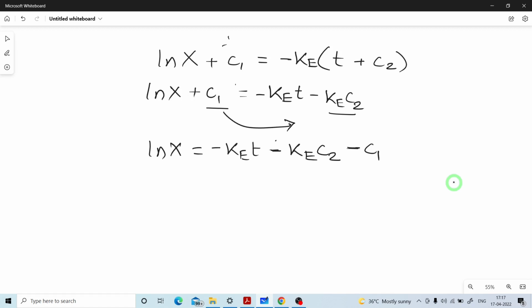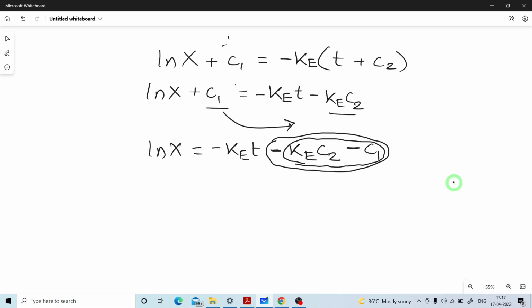Now, this entire term which you are observing over here is nothing but a constant only. So what I'm going to do, I'm going to club these two constants over here, and instead of writing these terms completely, I'm going to use only a single alphabet for all these constants, and that will be capital I. That is the integration constant, a complete total clubbed integration constant.